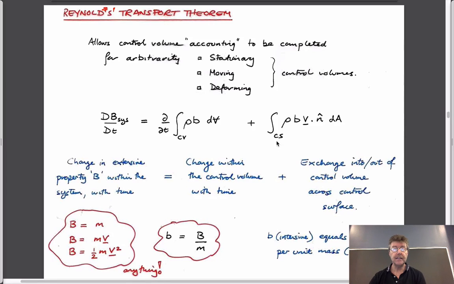What it says is that whatever the quantity is, and the quantity is going to be this intensive parameter B, the rate in minus out. So maybe it's easier if we think in terms of mass. So mass rate in minus out has to equal accumulation.